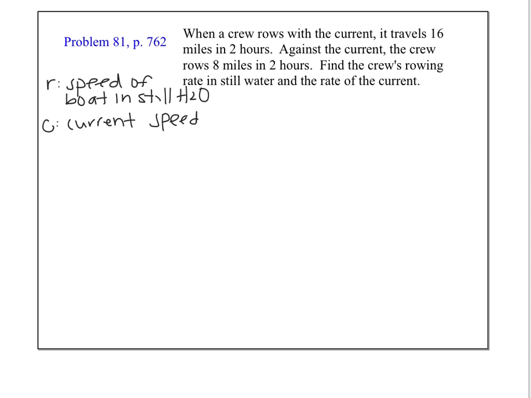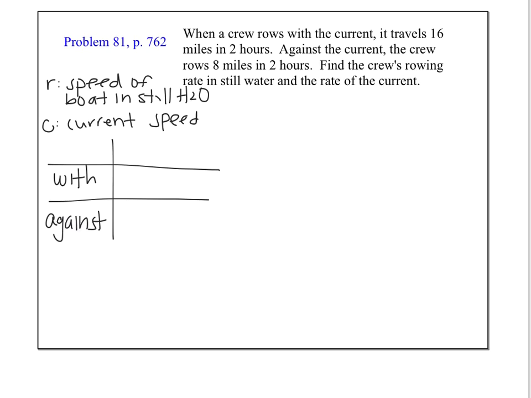Okay, so we know that we're going to be rowing with and against that current. So we have miles per hour, we have how many hours, and that equals miles.